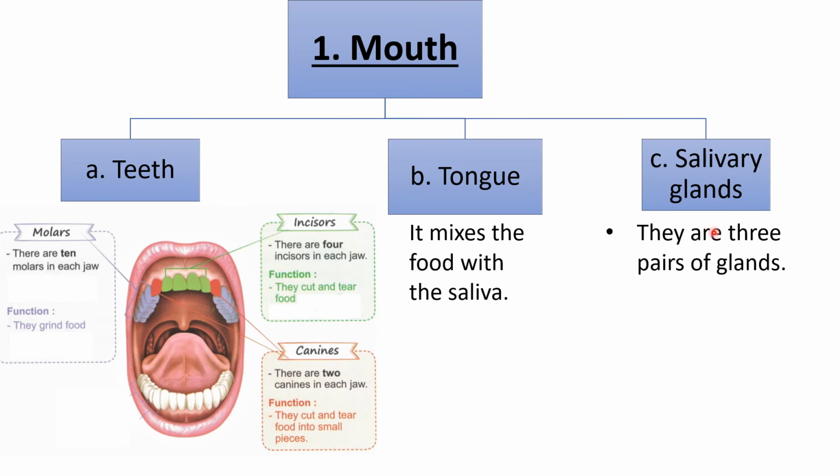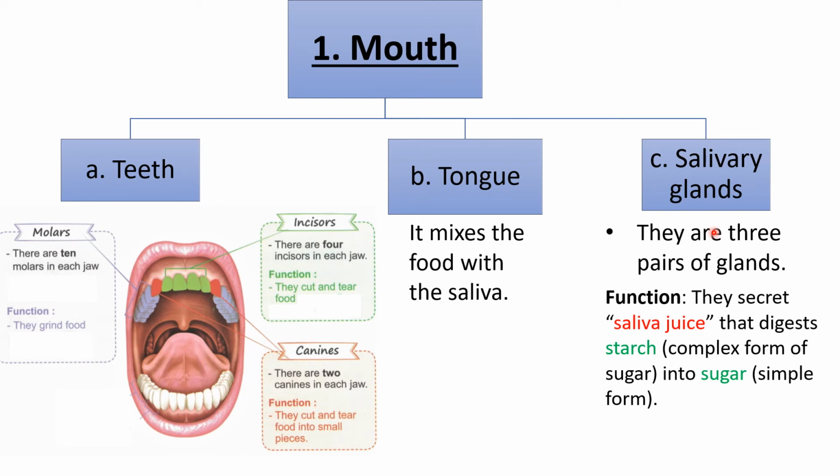They are 3 pairs of glands which secrete saliva juice that digests starch into sugar. Starch is a complex form of sugar. It changes, digests, starch from complex form into sugar, a simple form.